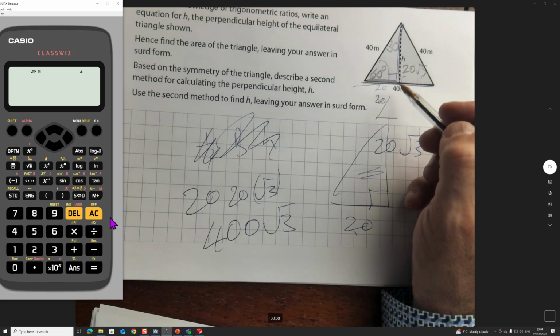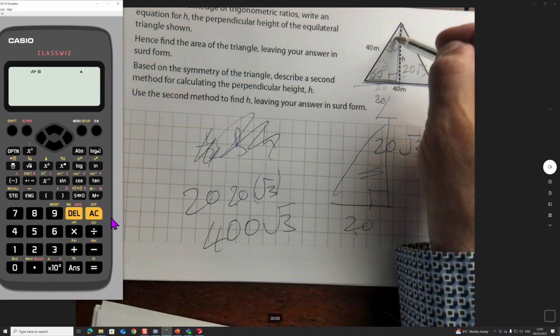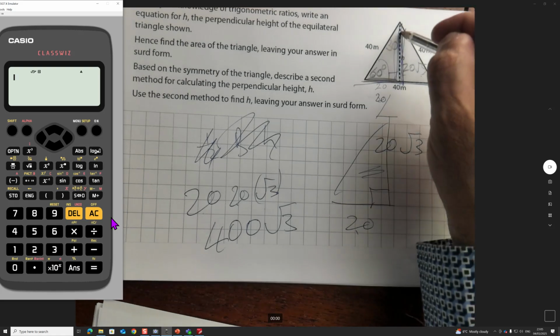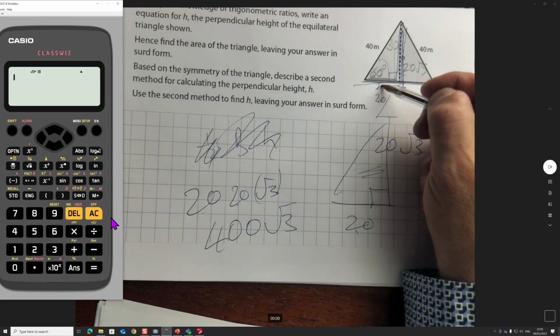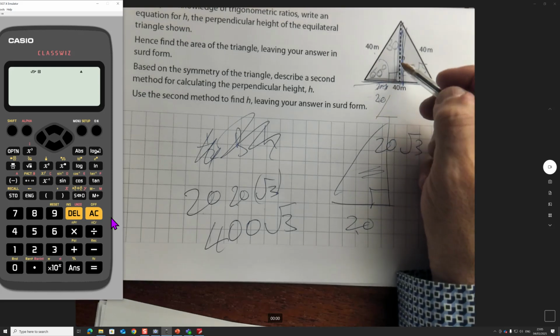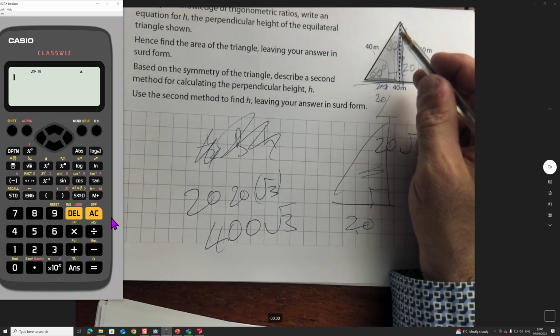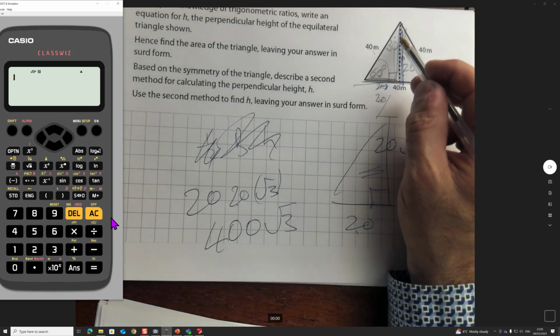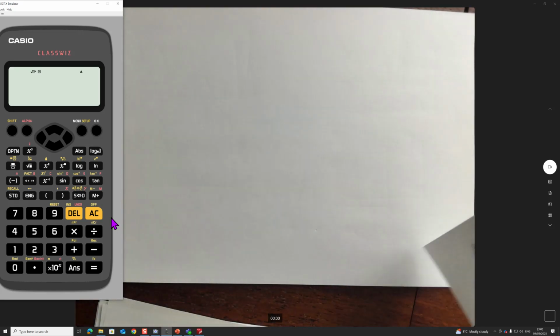They meet at the reference angle, so it's cos. Describe a second method to calculate this. Yeah, well then you could use that, and that, and this. So using the 60, you could have used sine.